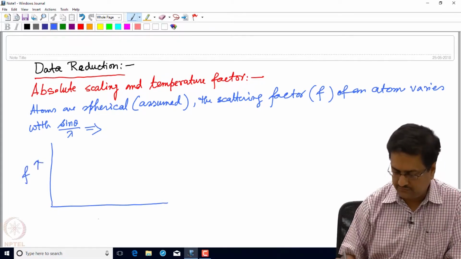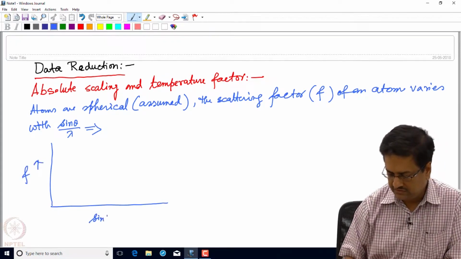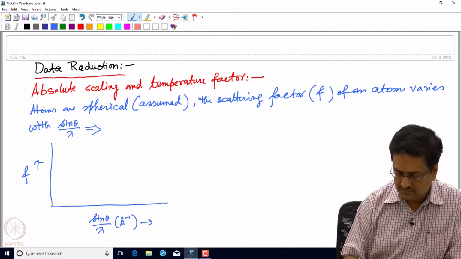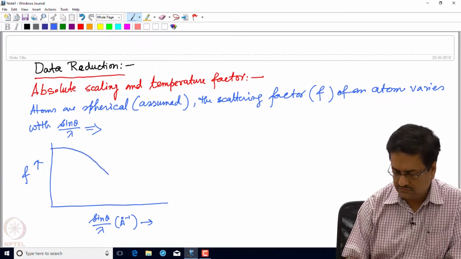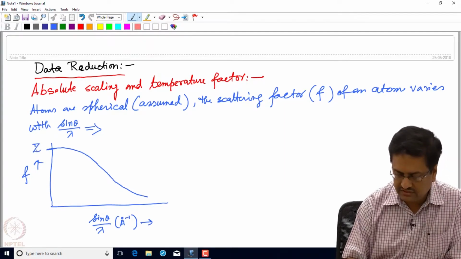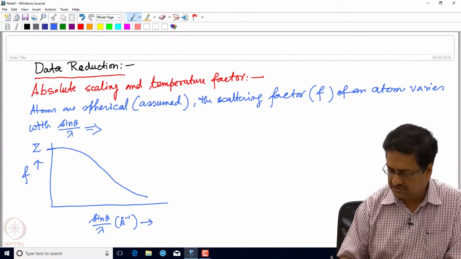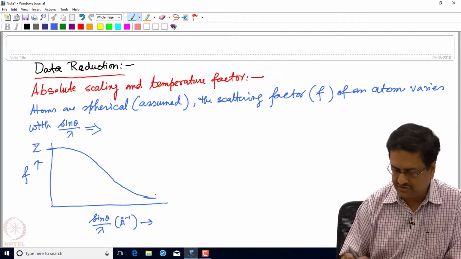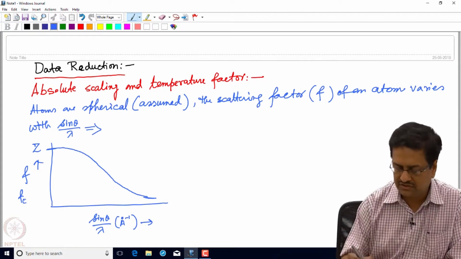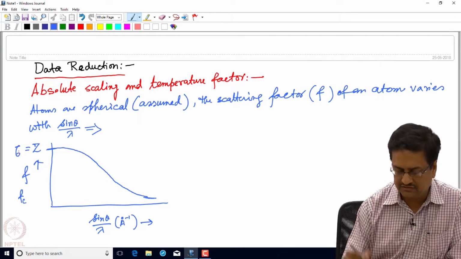F versus sin theta by lambda is plotted in terms of angstrom inverse unit. This corresponds to the value Z of the atom in concern. So, if it is carbon, and we are plotting the atomic scattering factor of carbon, then this point is 6.